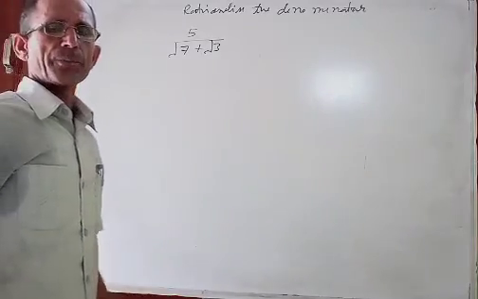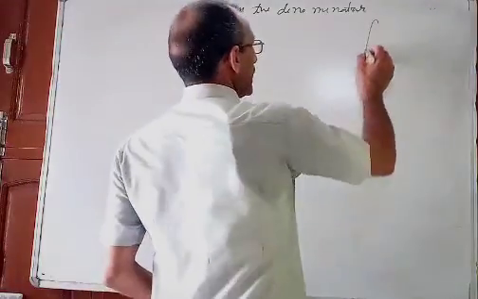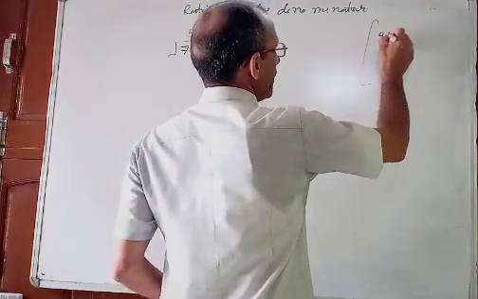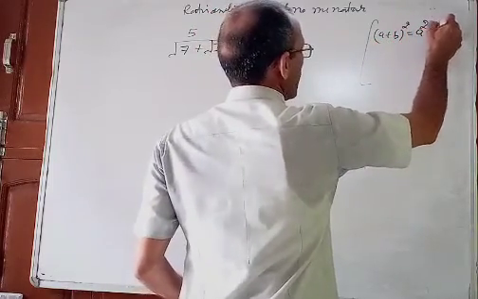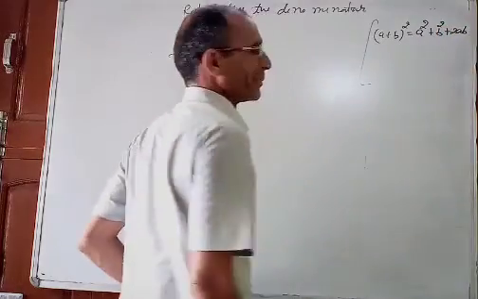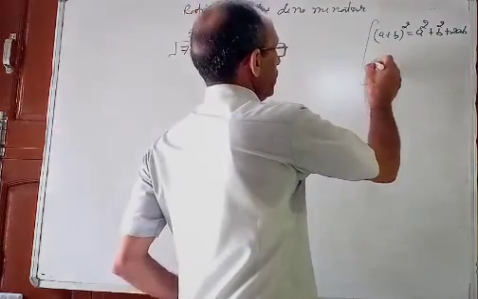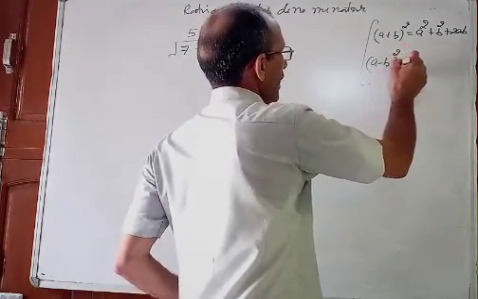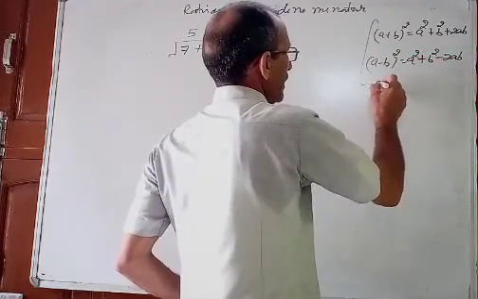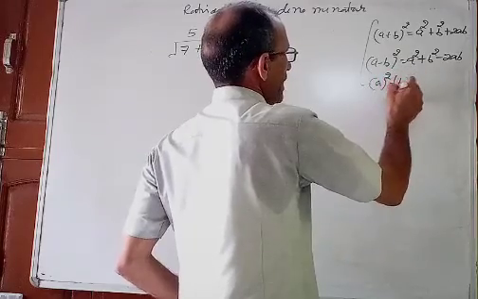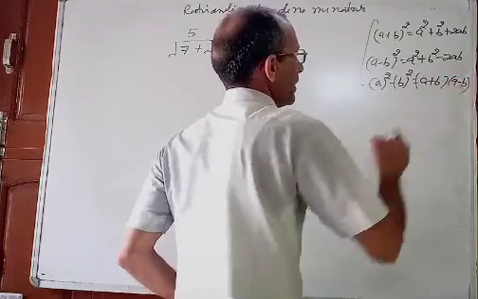To solve the problems related to rationalization, you have to learn these three main identities: a plus b whole square is a square plus b square plus 2ab; a minus b whole square is a square plus b square minus 2ab; a square minus b square is equal to a plus b into a minus b.